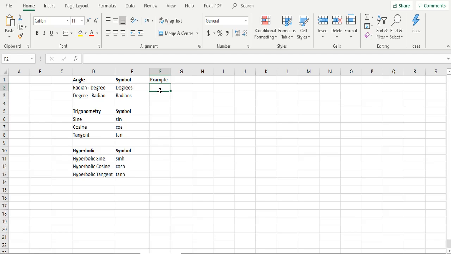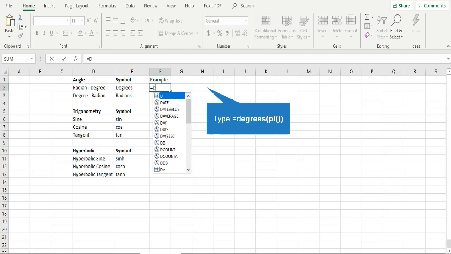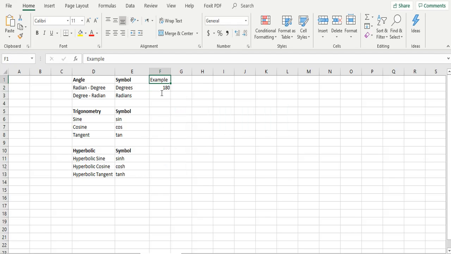So here, for example, equals degrees, and then we write it as pi. If you still remember, we already showed you this pi in a previous lesson. So it should be 180.